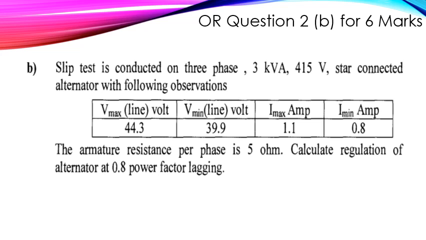The given data is that maximum voltage is 44.3 volts, minimum voltage is 39.9 volts, and these are line voltages. The maximum current is 1.1 ampere and minimum current is 0.8 ampere. The armature resistance per phase is 5 ohm. Calculate the regulation of the alternator at 0.8 power factor lagging.